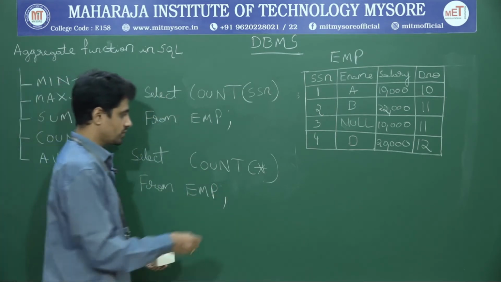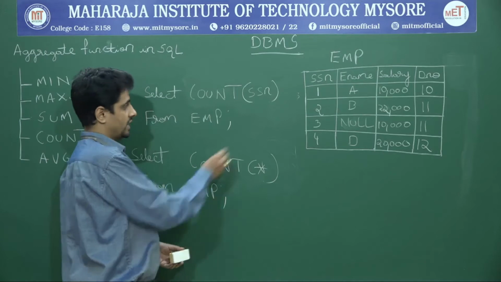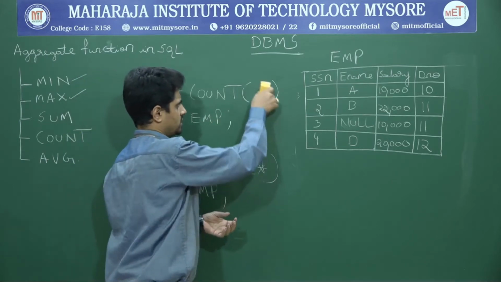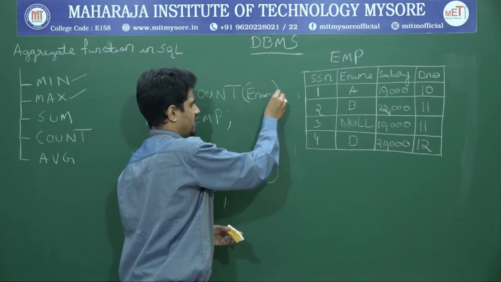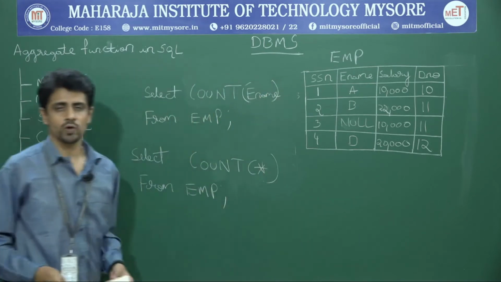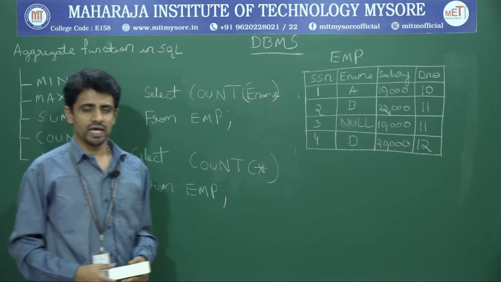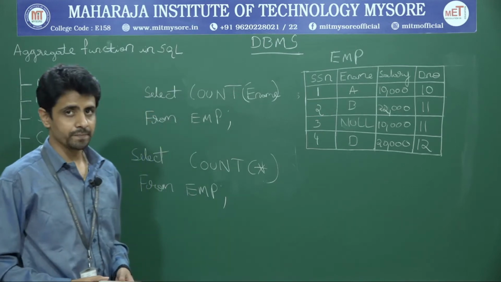When I say this and when I say count of e-name, employee name, can we expect the output to be the same?